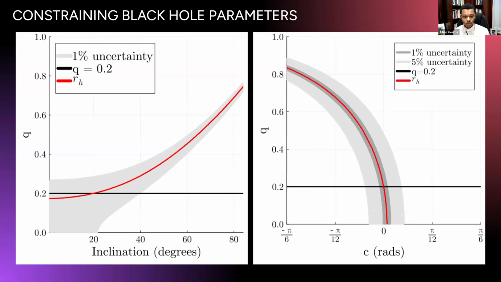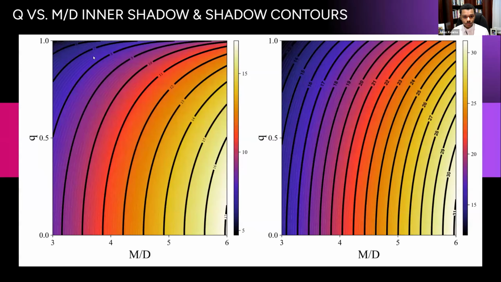I include a 1% uncertainty in the inclination case, and then I also include a 5% uncertainty in the emission angle case. And what these uncertainties will tell us is that in the case of not super fine resolution, we at least still have a region of possible parameters, which is better than nothing.